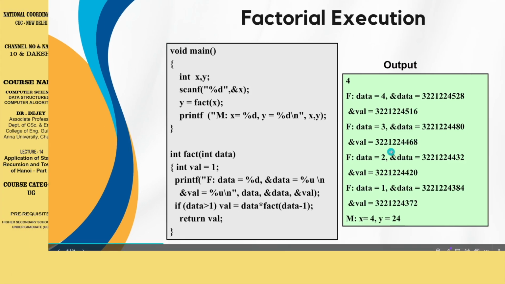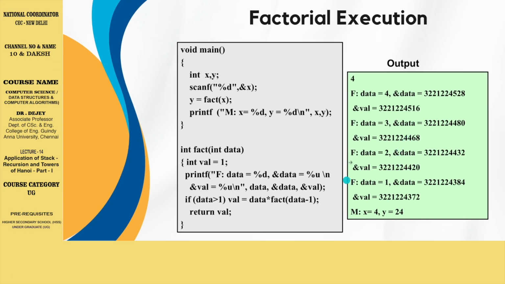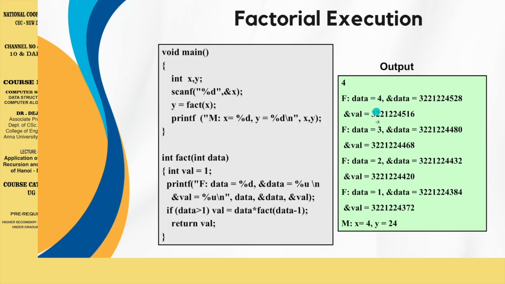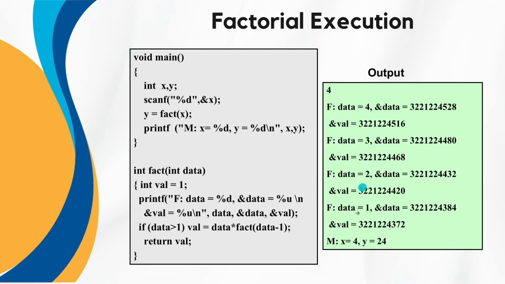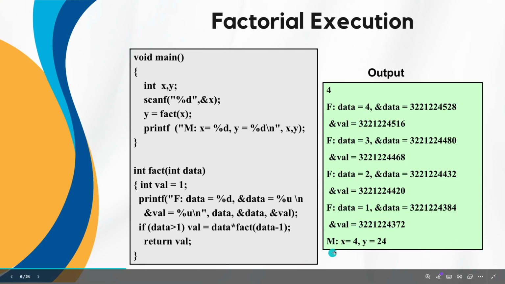The addresses are all different, and these addresses are assigned at the time of recursive calls to the function named fact. You could see that the function fact has been invoked 4 times with different values, and ultimately, as we saw before, the value for factorial of 4 is 24, and that is being returned by this function.